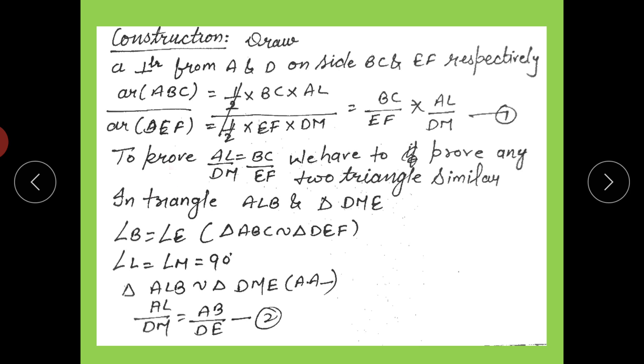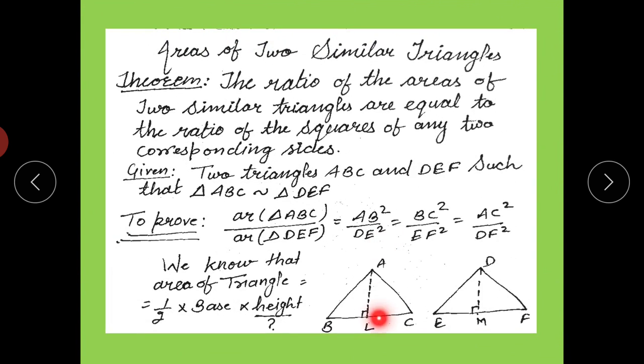So to prove AL upon DM is equal to BC upon EF, we have to prove any two triangles similar. So which two triangles? We are having triangles ALB and DME. ALB and DME. So how are you going to prove this? We have angle B equal to angle E. Why?